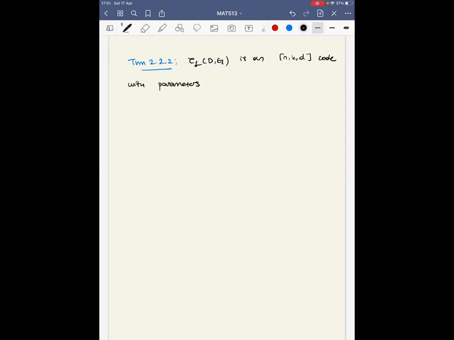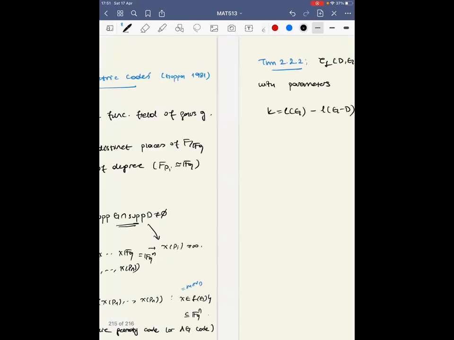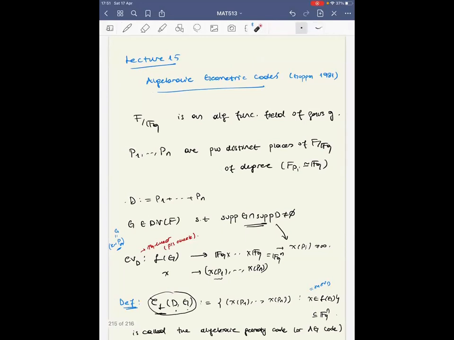More explicitly, we will see that in this case, the evaluation map is not always injective. So its dimension can be less than the dimension of our pre-image space.